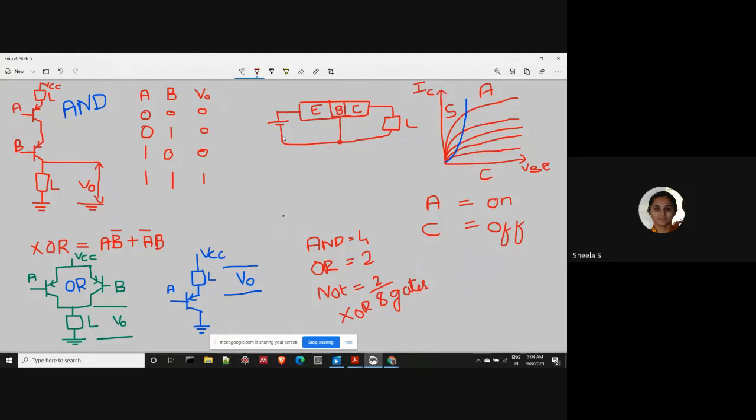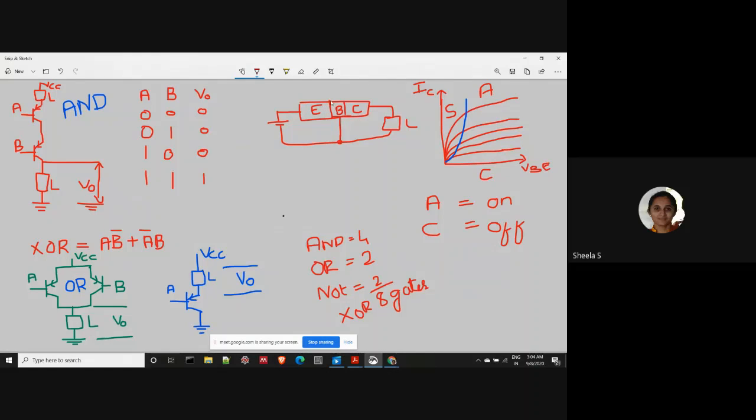When we apply input voltage between emitter and base, we can observe the output across the collector. Here the current will flow between the base and collector only when there is a current flow between emitter and base.